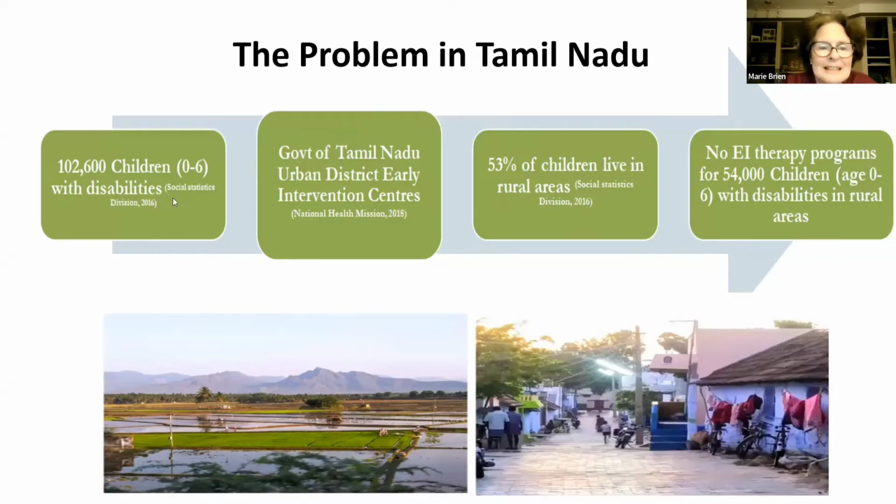So this is the thinking that Amar Seva Sangam developed, or was looking at when they developed the Enabling Inclusion model, thinking that this is a problem that needed a solution.